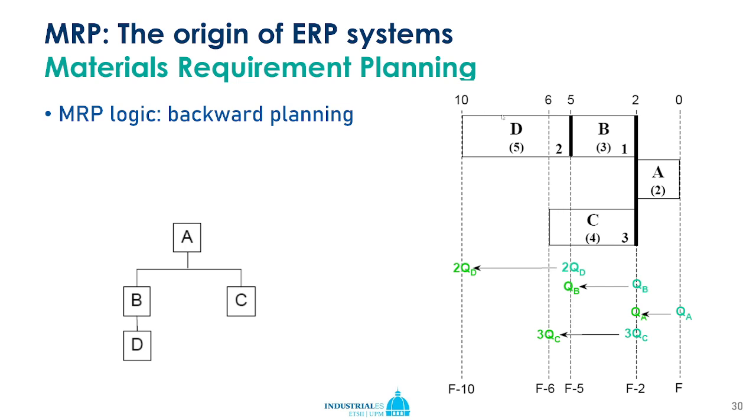So each of the rectangles we have here represents the assembling or production process of each component, A, B, C, D. So we have A, and the 2 in brackets is the lead time for me to assemble or come out with a component, in this case the end product A, once I have products B and C. The lead time is the time it takes for me to have a component, product, whatever it is, available from the moment I launch the assembling or production process.